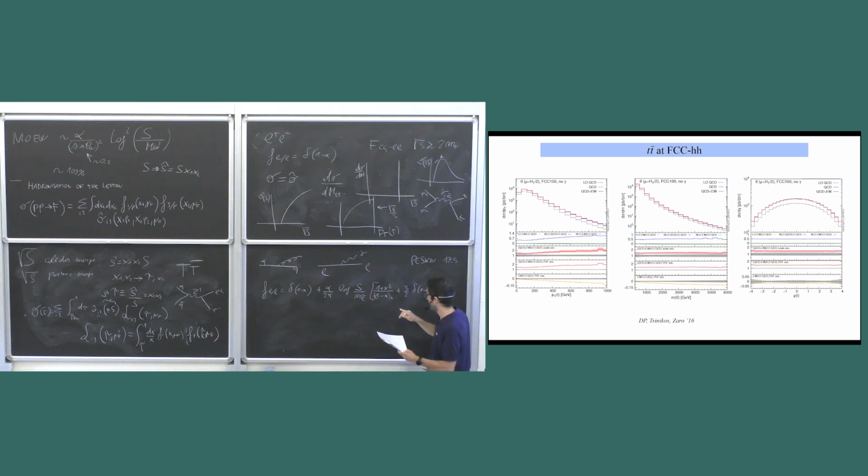But what is also important is that they are large when 1 minus x is small, okay? So initial state radiation is especially important when you are very close to the energy of the collider. Because this is telling you, okay, I assume elementary particles that collide.